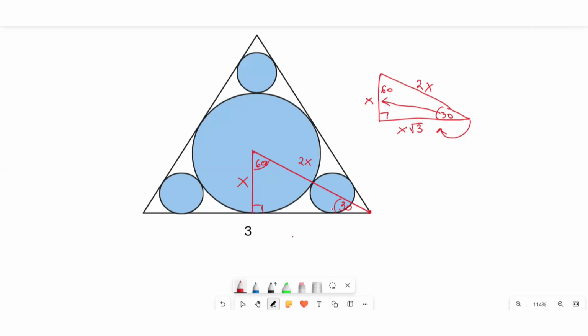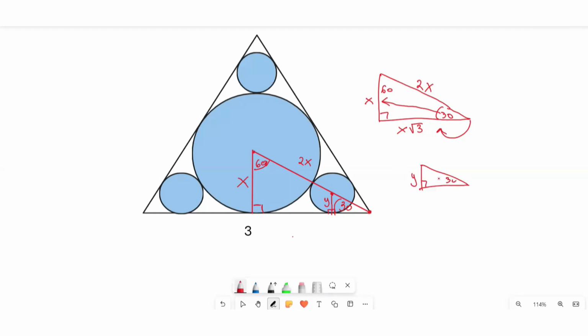Now, let me make a radius for the smaller circle here. It's going to be a 60-30 triangle just the same, just a smaller version, and I'm going to call its radius y. So I pull out the smaller version, the radius is y.